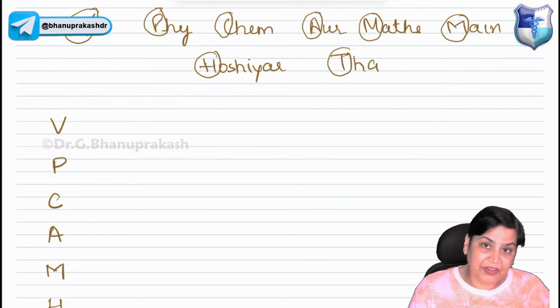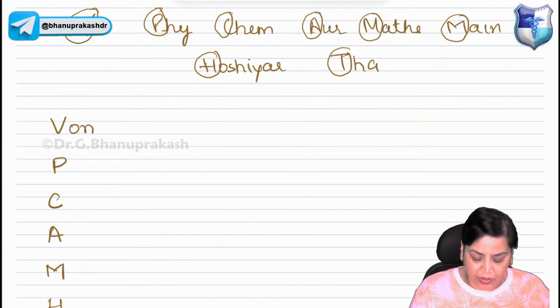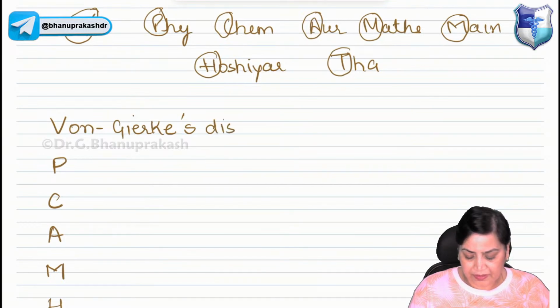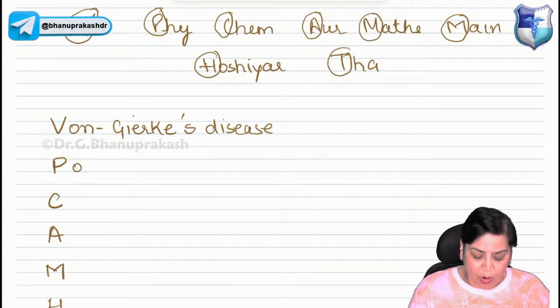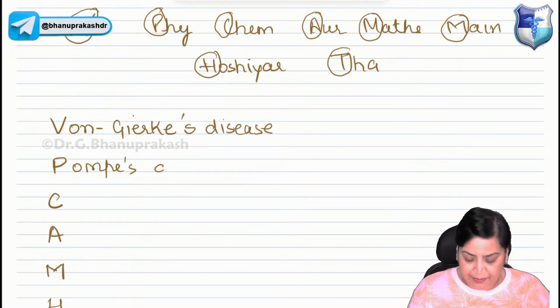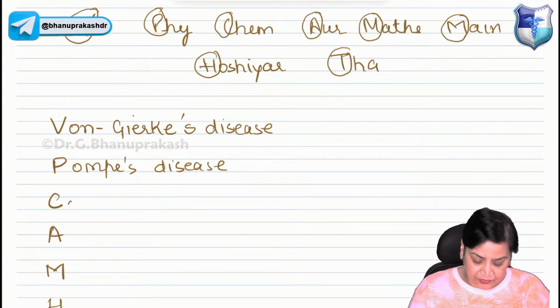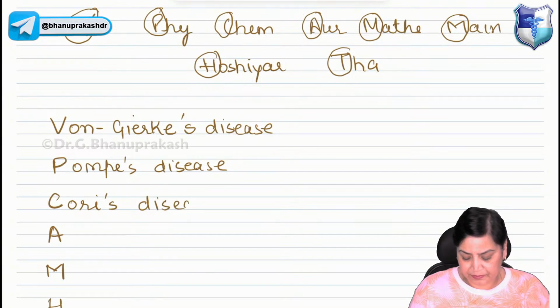Now this V stands for von Gierke's disease. P stands for Pompe's disease. C stands for Cori's disease. A stands for Anderson's disease.